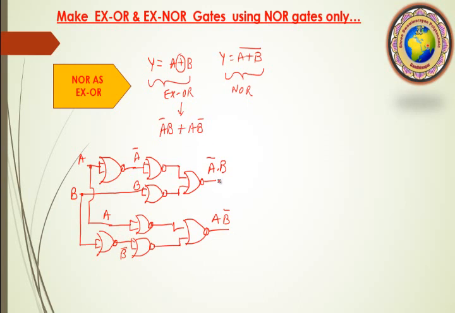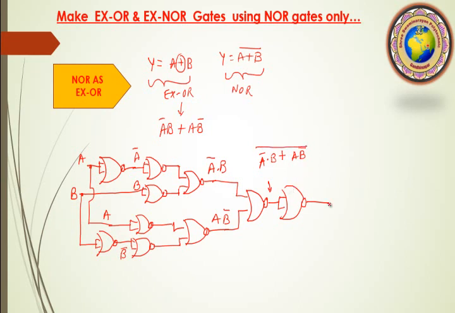So this is a NOR as an OR, so that's why we require another 2 NOR gates here. So these two are given once again here as another way, and we just convert. So here the output is a bar dot b plus a b bar whole bar.